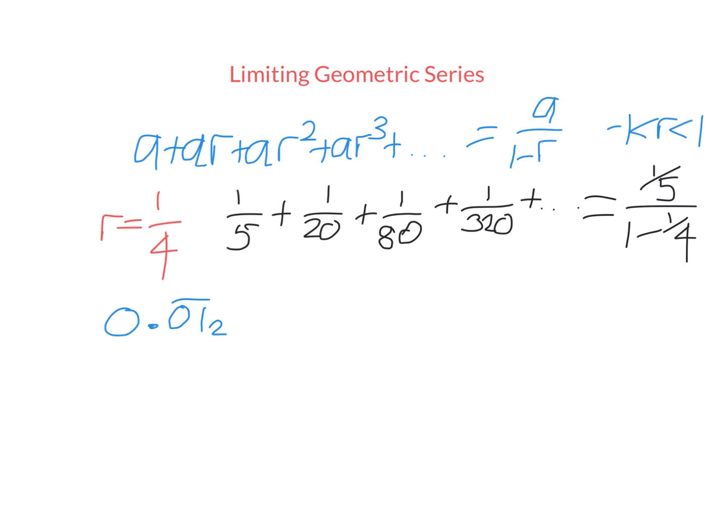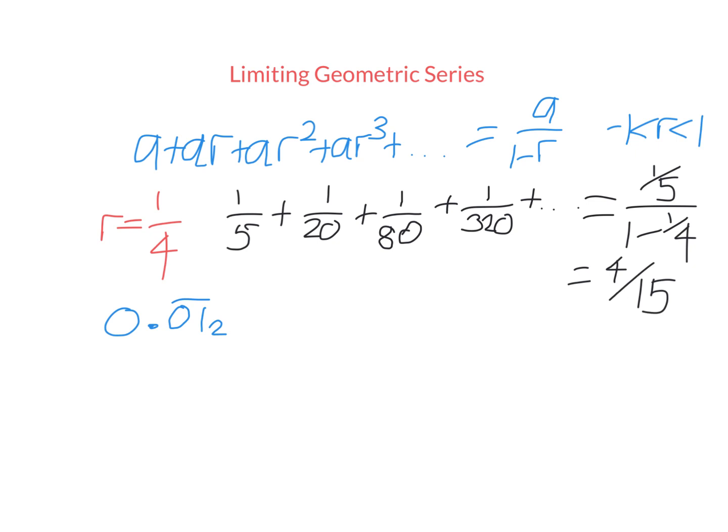If you keep adding terms of this series, it will get closer and closer to the number 4 over 15. The reason that it reaches a limit is because these terms are becoming pretty small pretty quickly. Eventually, these terms are going to be so close to 0 that they're not really going to add anything to the overall sum. So how is this going to help us with a recurring decimal like 0.01 recurring in binary?